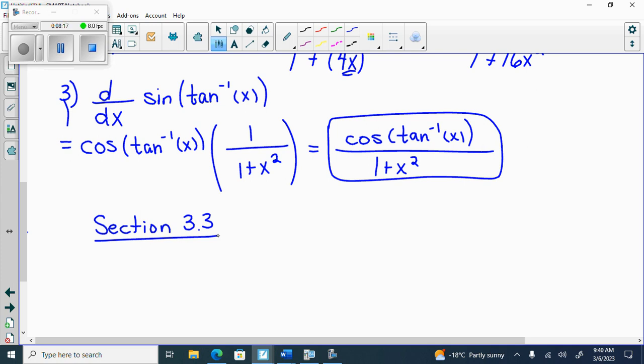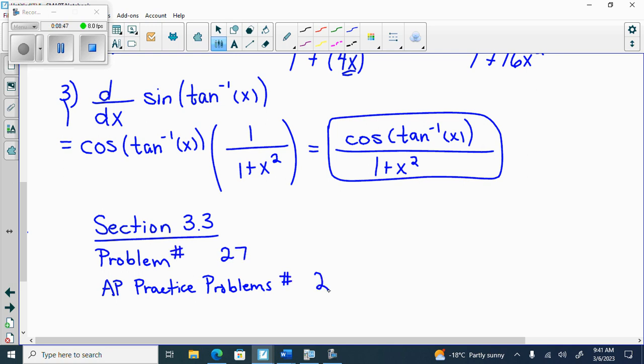Okay, so your problems, and you might just want to wait because I'm going to put them in order, but there are going to be gaps like normal. AP practice: 27, 35, 1, 4, and 6.